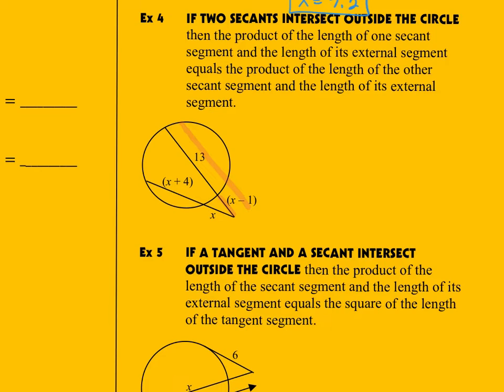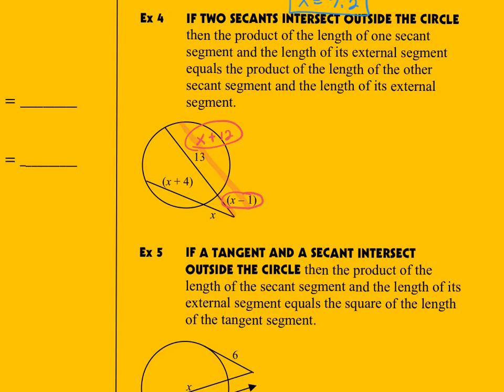So on this one, our outside piece would be x minus 1, and the entire secant is x minus 1 plus this 13 that's on the inside. So we'll add the outside and the inside to get the whole secant is x plus 12.